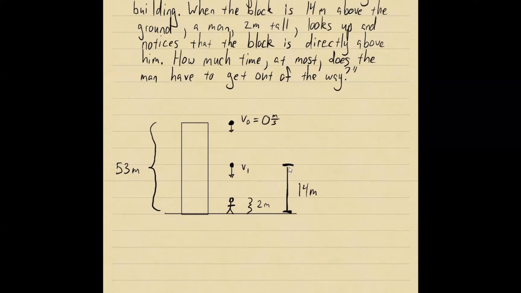And so how much distance is there between when the man notices the rock and the man himself? So in this case, it's going to be these 14 meters, right, this distance here, minus the 2 meters that the man is tall because, you know, he doesn't want to get hit in the head. So that's going to be 14 minus 2 meters, or 12 meters.